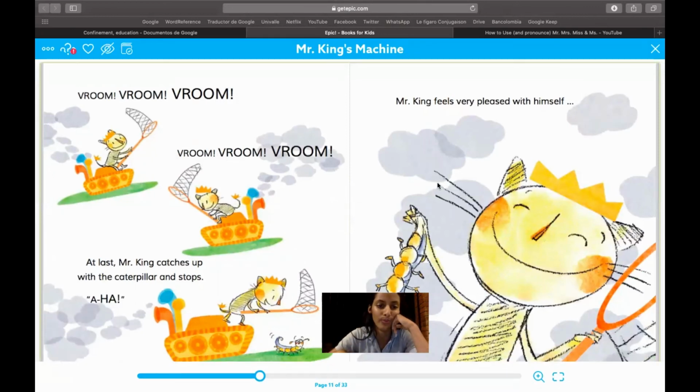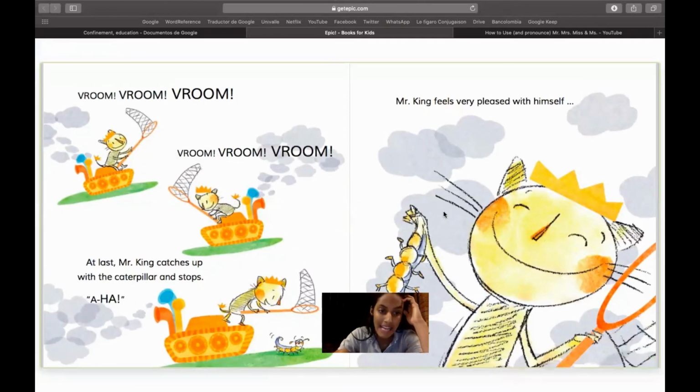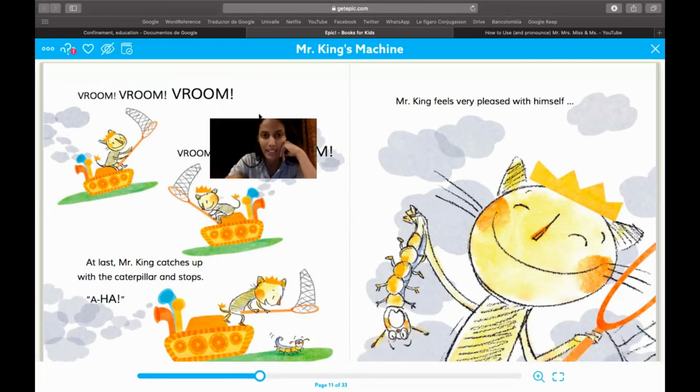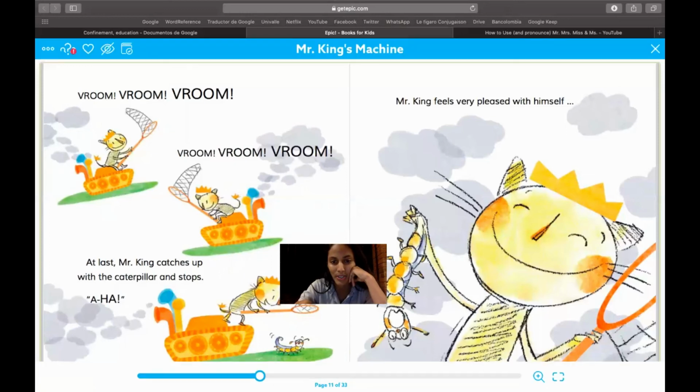Vroom, vroom, vroom. Okay. At last, Mr. King catches up the caterpillar and stops. Okay, so look, the caterpillar is this animal. This is the caterpillar. In Spanish, we call them cien pies, 100 feet.